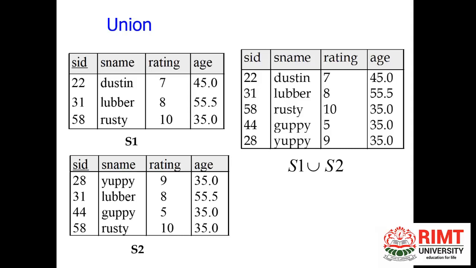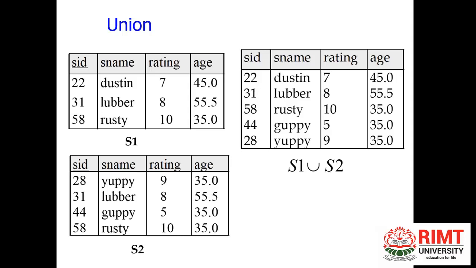Clear? So now you can find out here. Dustin, Lubber and Rusty, and yes, okay. There was one more, Guppy. You are missing Guppy here. Guppy is also there. So Guppy and Yuppie. Clear? So Yuppie was here and Guppy was here. In this there was no Yuppie, there was no Guppy. So it includes all the tuples from this table. From this table S1 there are tuples Dustin, Lubber and Rusty.